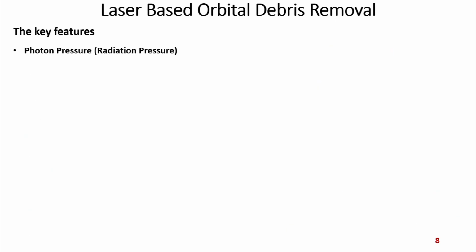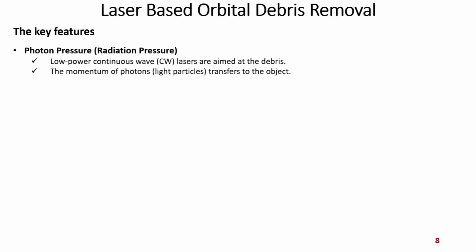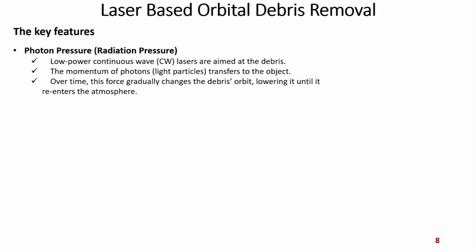So, what are the key features? As I said, it is the photon pressure or the radiation pressure. Low power, continuous wave lasers are aimed at the debris. The momentum of photons, that is the light particles, transfers to the object, and over time this force gradually changes the debris orbit, lowering it until it re-enters the atmosphere. So, this is a time taking procedure, it will not be done instantaneously. What are the advantages of this low power laser system?